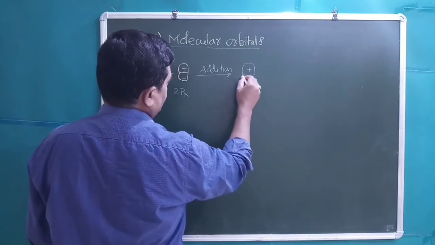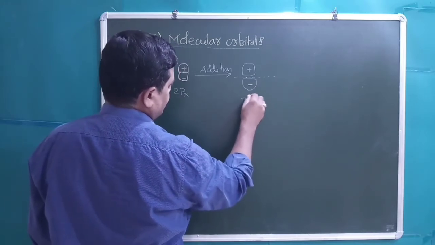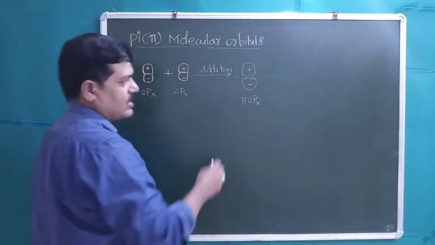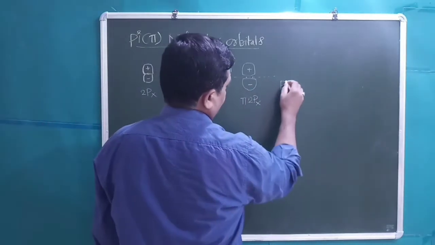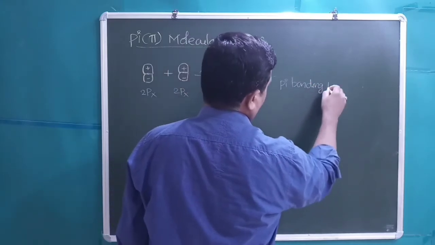Minus sign. Here one node is formed. This is the pi 2px orbital, known as the pi bonding molecular orbital, pi bonding MO.